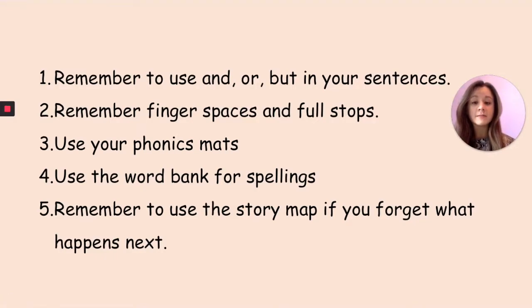Use your phonics mats that you should all have at home because that will help you with your spellings. And if you think, oh, I can't remember how to write that sound, you have a look at your phonics mat, maybe it will remind you. Remember to use the word bank for your spellings that you'll see later on in the video. And remember to use the story map if you forget what happens next.